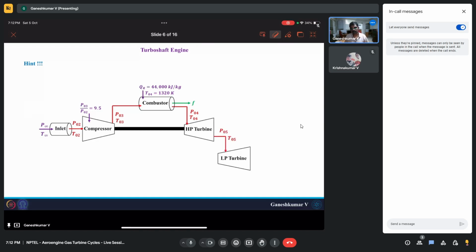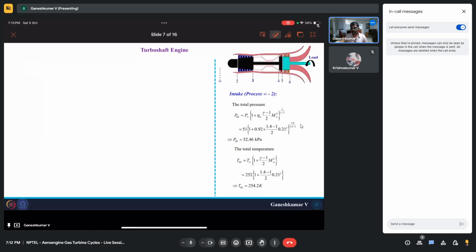Once you do the work balance across the HP turbine, you can find the pressure and temperature at the exit of the HP turbine. And then you have the LP turbine or free turbine, from which you will get as much energy as power as possible and deliver it to the load. Okay, so this is the flow process, and this is how we are going to solve this numerical.